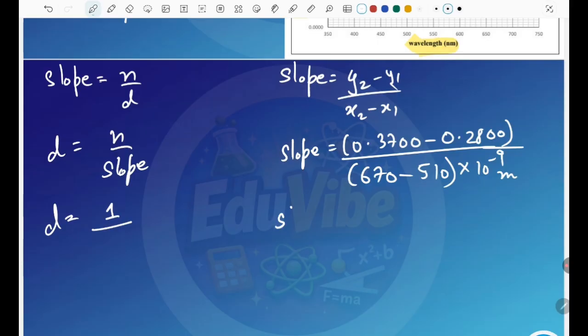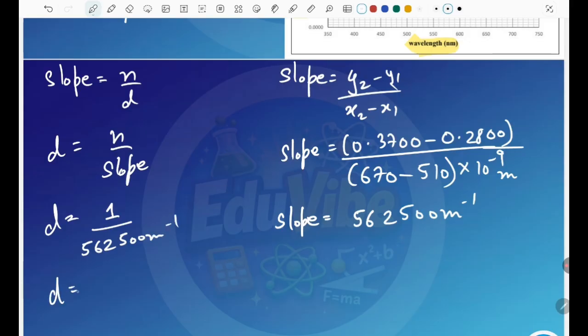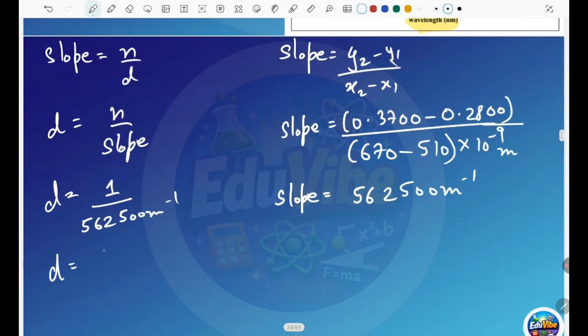When you calculate this, your slope is about 562,500 meters to the power of minus 1. So you put this in: d is 1 over 562,500 meters minus 1, which gives about 1.78 into 10 raised to power minus 6 meters.